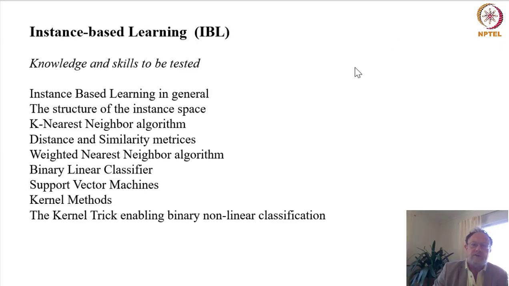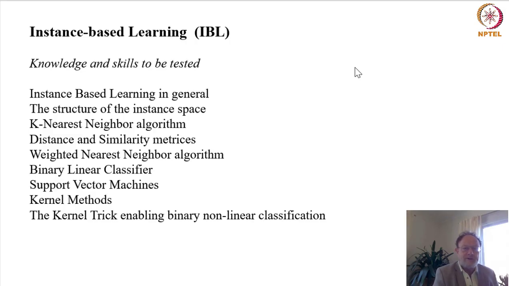After that, we turned to instance-based learning, which is a lot of content in that section. We discussed instance-based learning in general, the structure of the instance space, we focused on the k-nearest neighbor algorithm, we looked at distance and similarity metrics, we also looked at the so-called weighted nearest neighbor algorithm, we then discussed binary linear classifiers, and we also went more in depth into support vector machines.